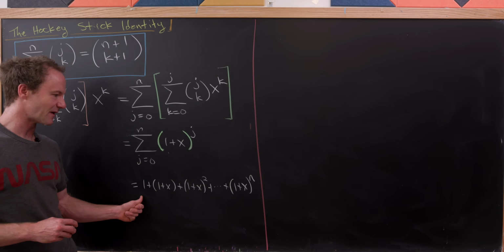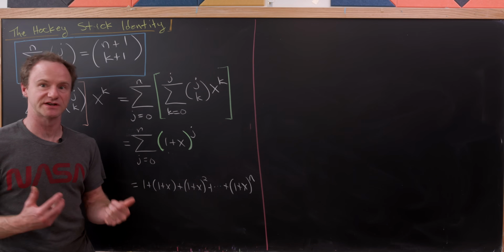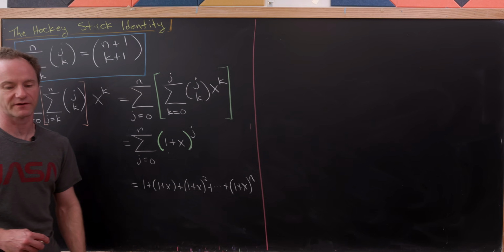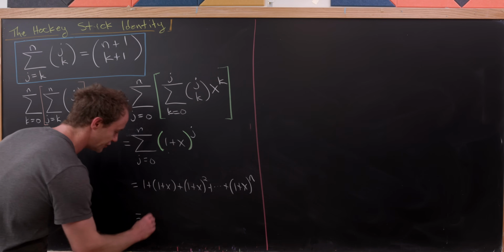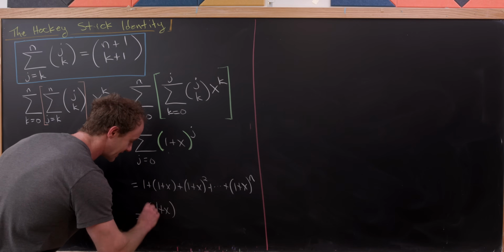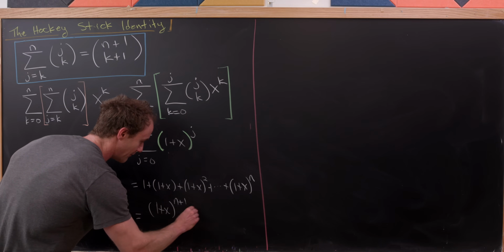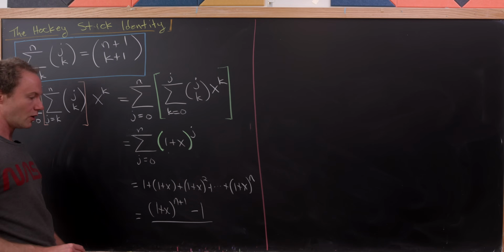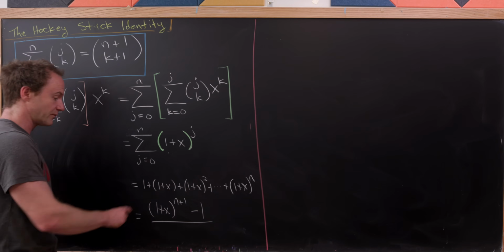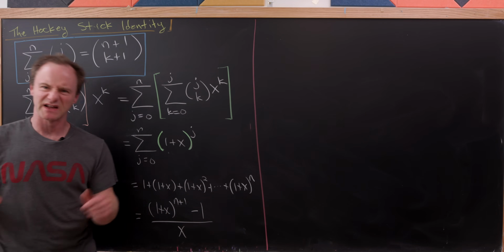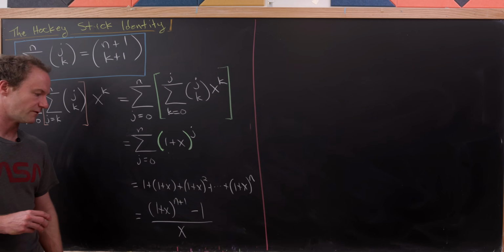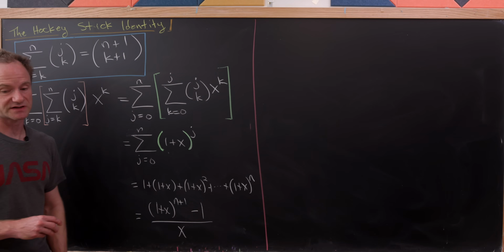We can think about this as a finite geometric series, and there's rules for a summation of a finite geometric series. This is actually going to sum up to (1 plus x) to the n plus 1 minus 1, all over (1 plus x) minus 1, in other words, x. Again, that's just from the summation rule for a finite geometric series.